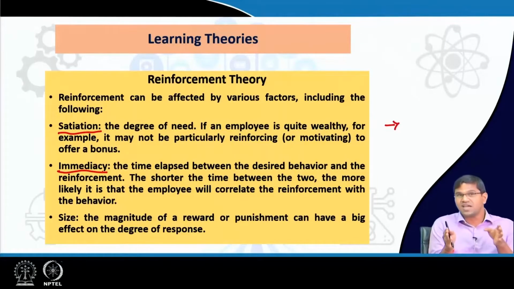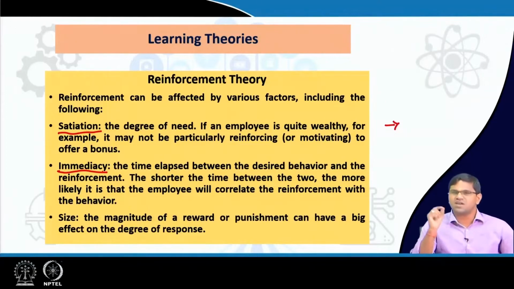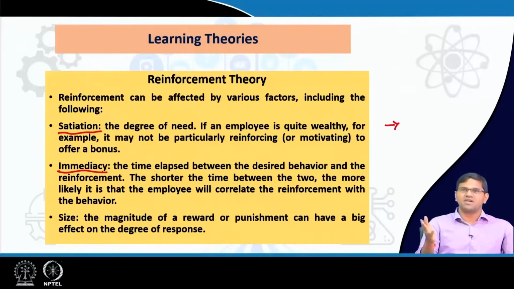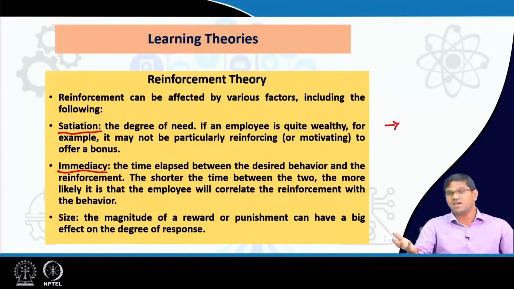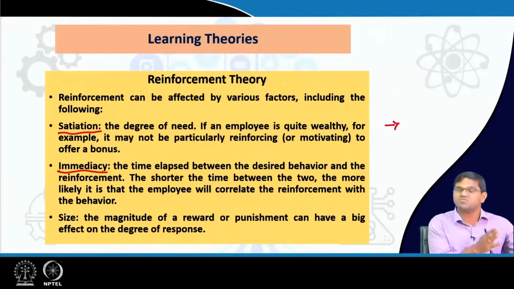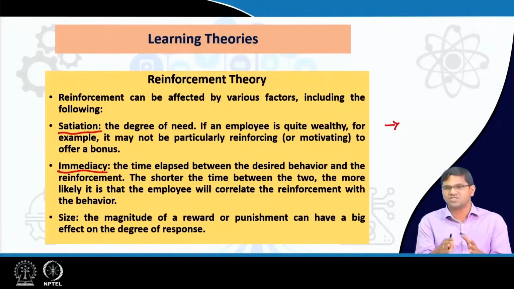The shorter the time between the two, the more likely the employee will relate the reinforcement with the behavior. Let's say every member in an assembly line reports exactly at 9 o'clock, and there is a clap from the other teams because everybody is there. People will associate this appreciation with their timely reporting to their workstations.